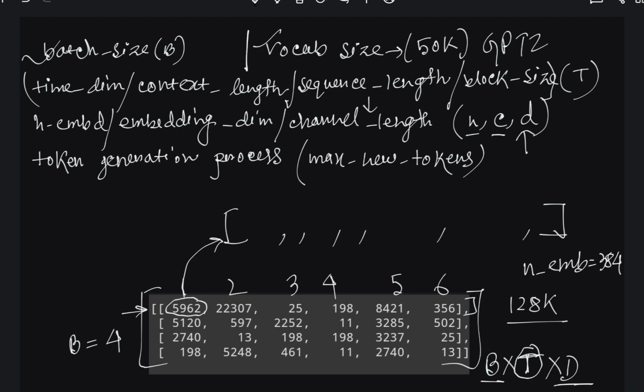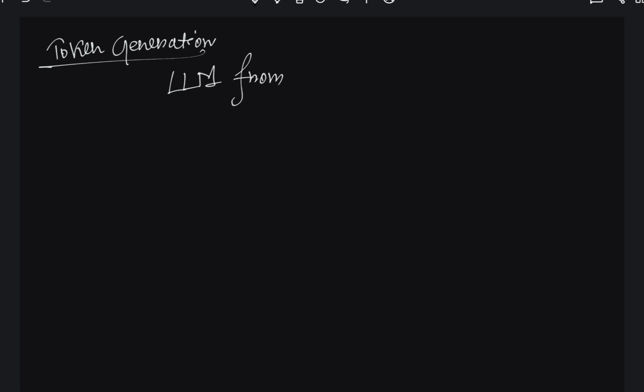We'll also talk about the token generation process. Let me draw an example to explain the concept. At first we will have a sequence, let the sequence be "LLM from scratch". This is the input sequence.